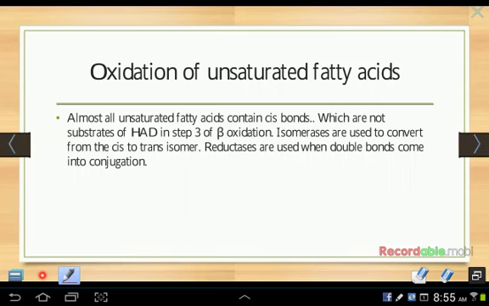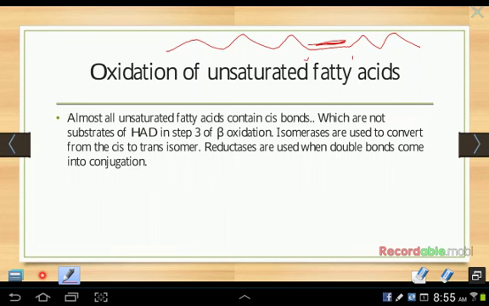All right, so now we have the question of how do we oxidize unsaturated fatty acids? So let's say we have this fatty acid here, with a double bond between this carbon and this carbon.